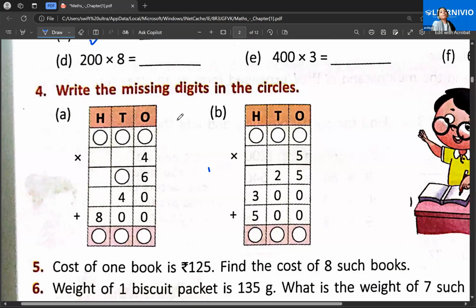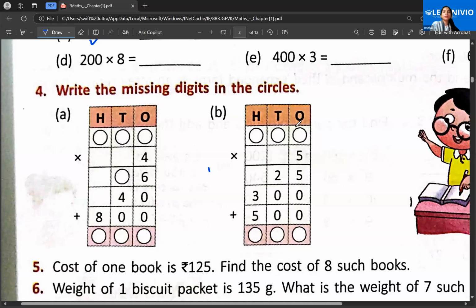Is there any number that comes in the table of 4 and has 6 in the ones place? Do you remember the table of 4? I know. 4 nines are 36. Okay, 4 nines are 36 and 4 fours are also 16.